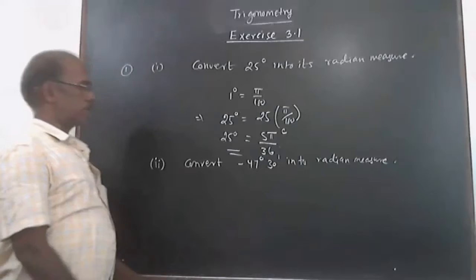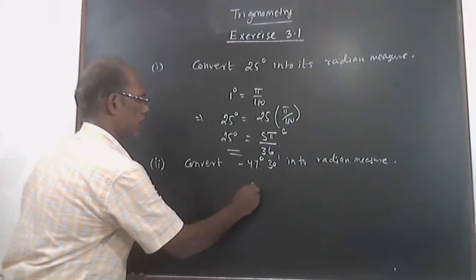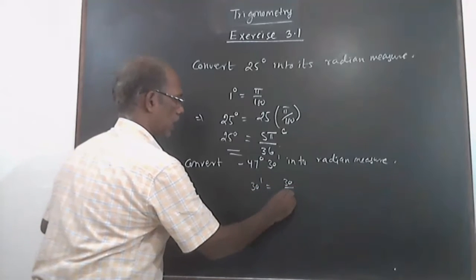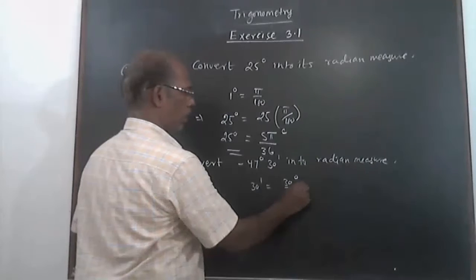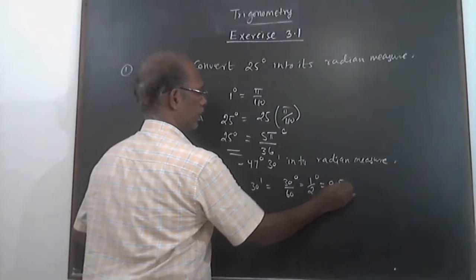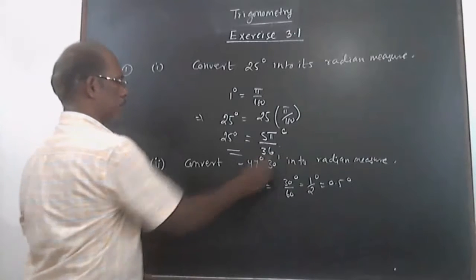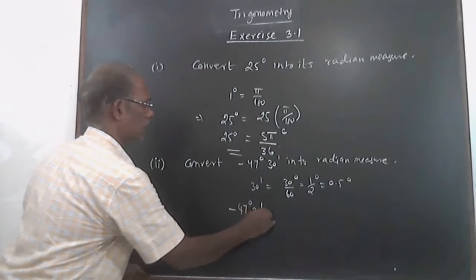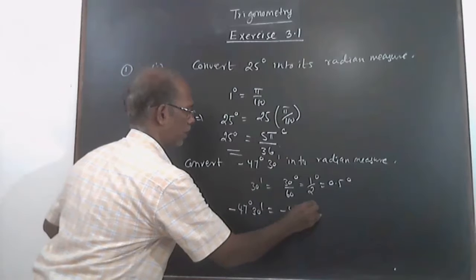Remember, student, 30 minutes equal to 30 by 60 degree, that is 1 by 2 degree or 0.5 degree. Then minus 47 degree 30 minutes equal to minus 47.5 degree.